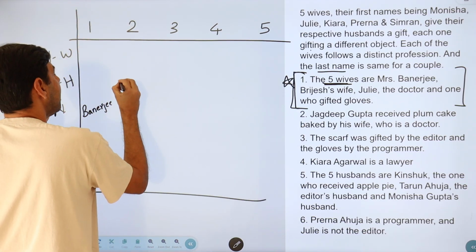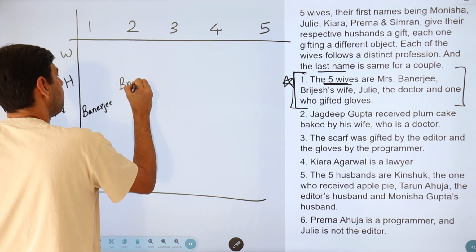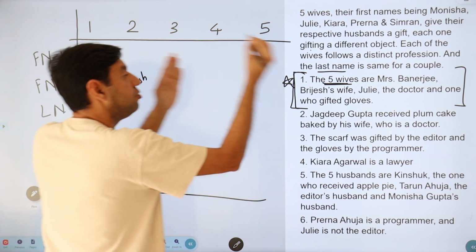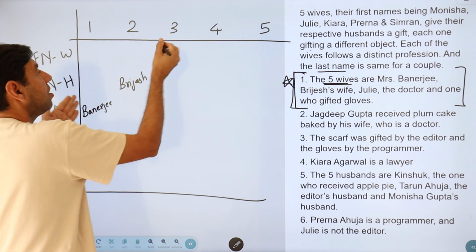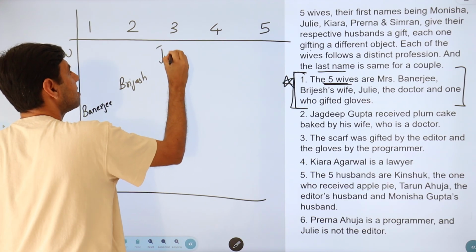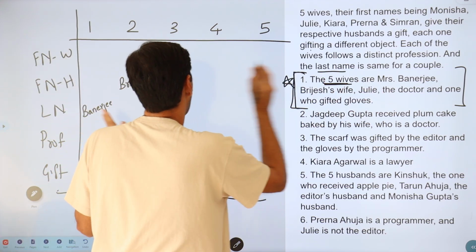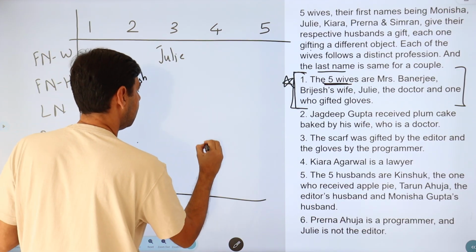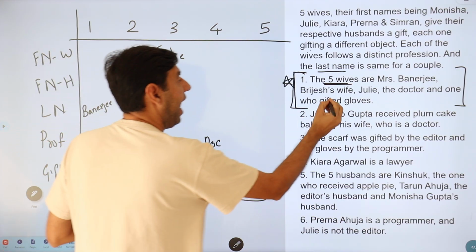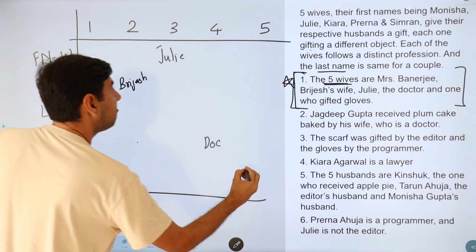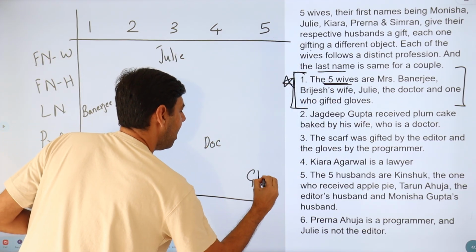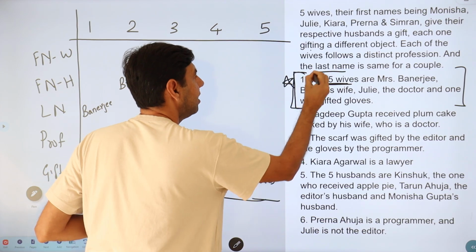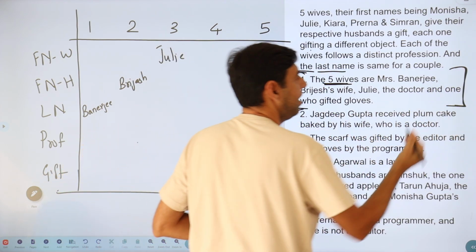So the husband's name is Brajesh for another woman, and Julie is a third woman, not these 2, so Julie is the first name of this one, and the doctor is another one, the 4th profession is a doctor. And the one who gifted gloves, the gift is gloves. So this is how you handle data like this.